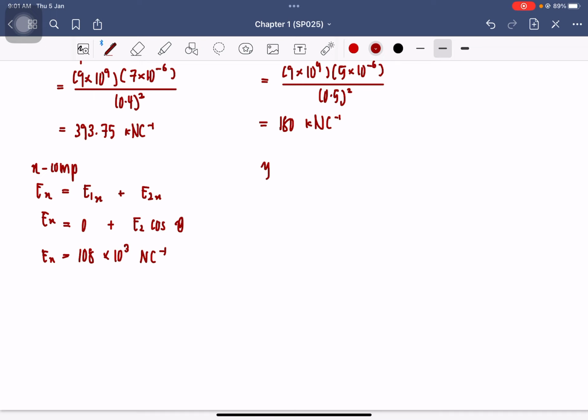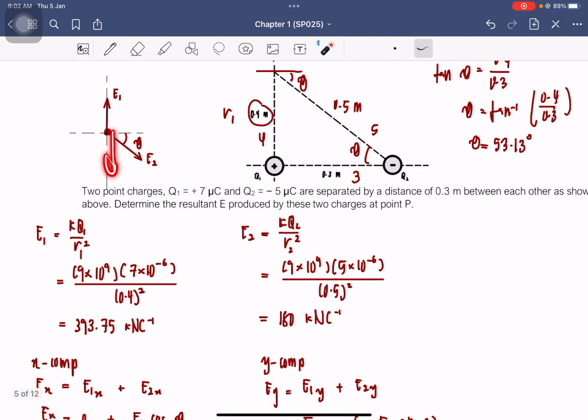For the y component, EY is equal to E1y plus E2y. So E1y is just E1 and E2y is negative E2 sine theta. Why is it negative? Because this is pointing downwards.